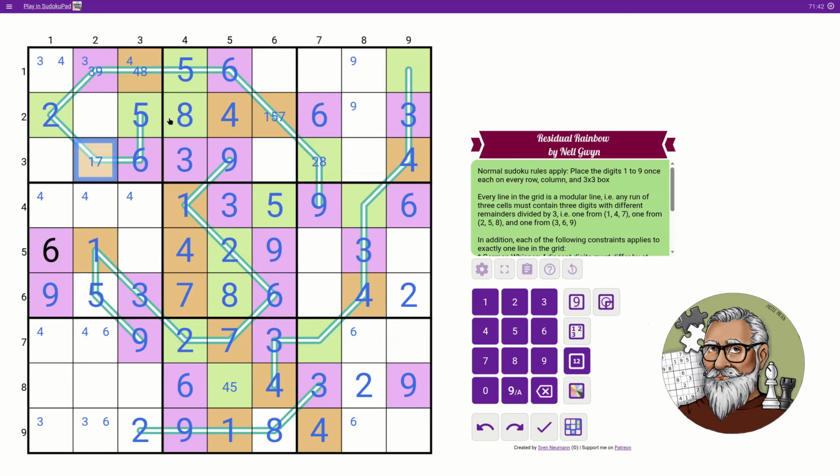Okay. This isn't 5. Orange is 147, so that's 4. 147, that's not 5. 147, this is 7 actually, because we have 1 already. 5 was green and 2 as well.